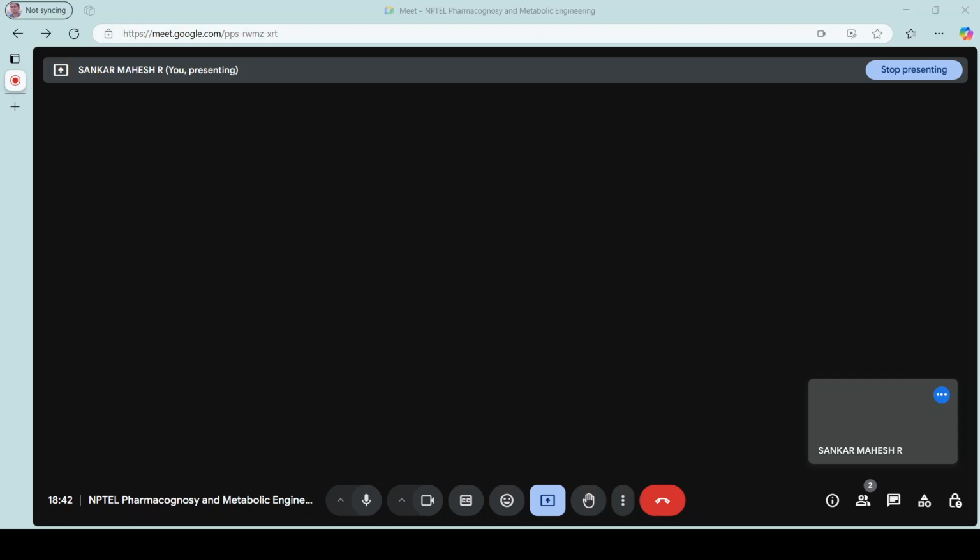So the whole point is vanillin is the product of ferulic acid, and vanillin can get converted further into vanillic acid. That's what we see here. This organism, Pseudomonas fluorescens AN103, would convert ferulyl-CoA or ferulic acid into vanillin.